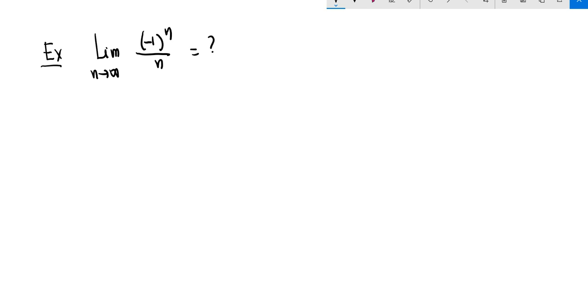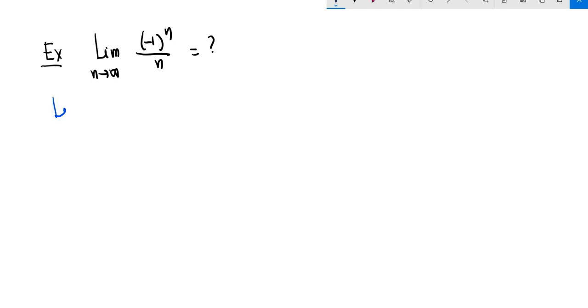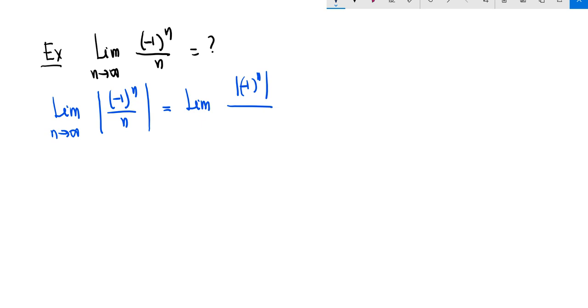We want to know what this thing is, and to this end we will first compute the limit of the absolute value of (-1) power n over n as n is approaching infinity. And as you know, this will be the limit of the absolute value of (-1) power n over the absolute value of n as n is approaching infinity, and this is the limit of 1 over n as n is approaching infinity.